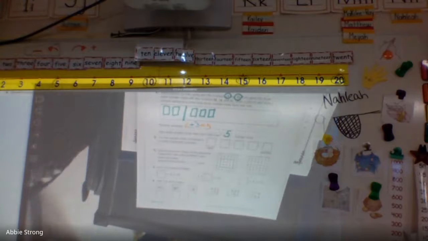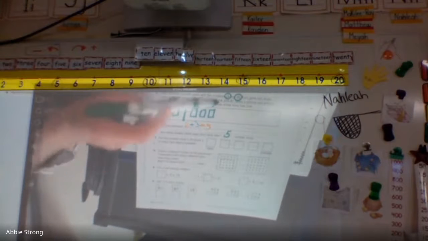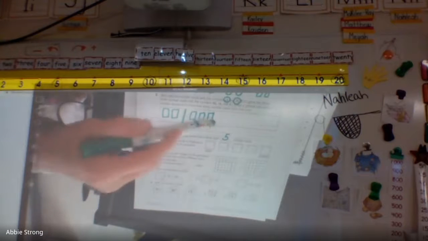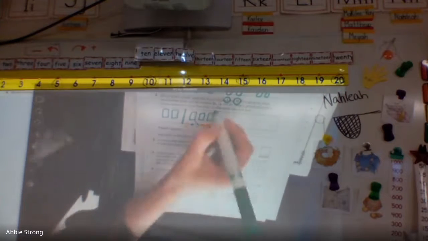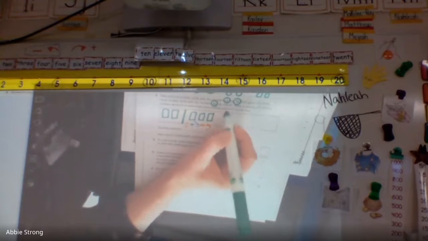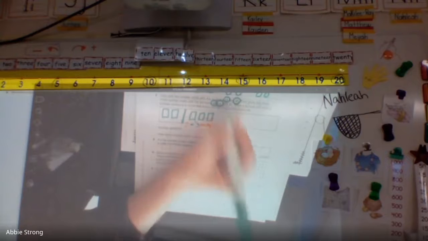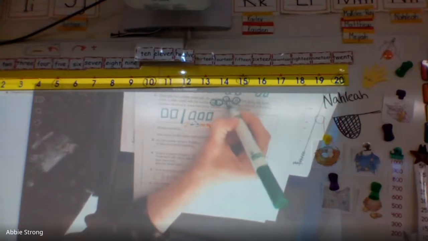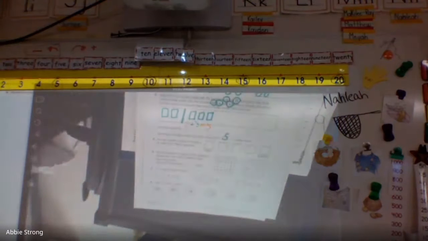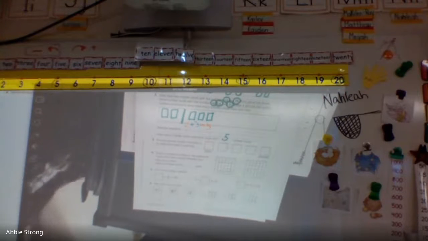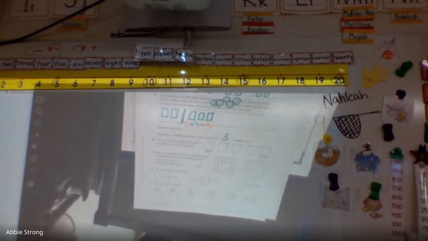Look up here, Alea, where I'm circling those numbers. 42, we're going to circle. 16, we're going to circle. And 21, we're going to circle. You should have 5 numbers circled in that story problem from number 2. Look at those numbers.